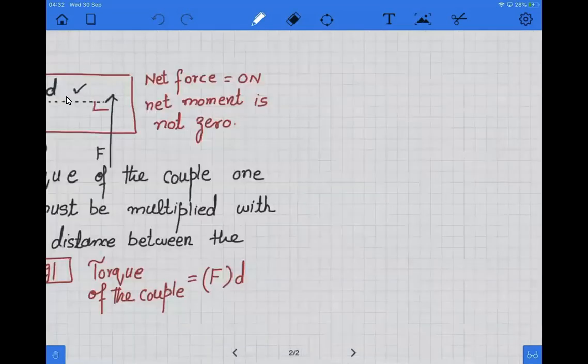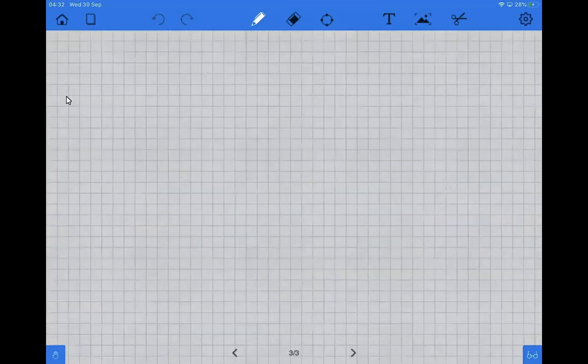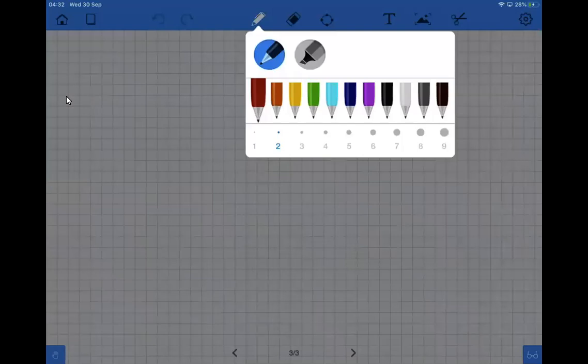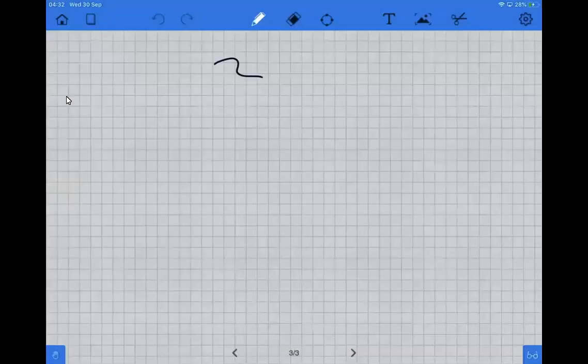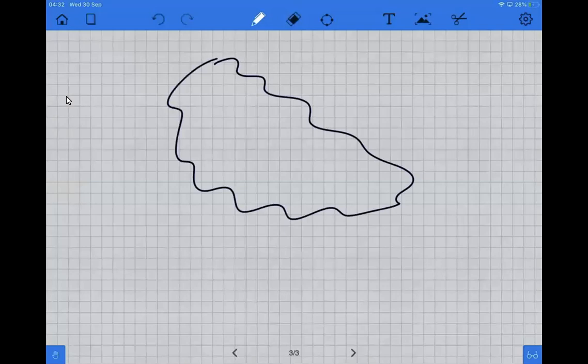In some cases, you will be asked to calculate torque of a couple and the distance that would be given will not be perpendicular. For example, if this is the shape of an object and it is acted upon by two forces which are equal and opposite, yet the distance between the forces which is given is not the perpendicular distance.